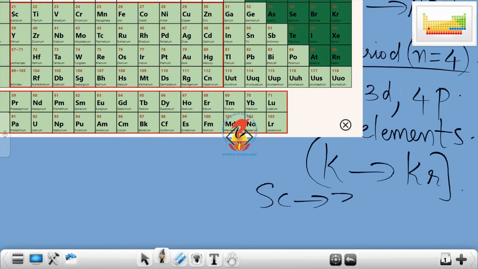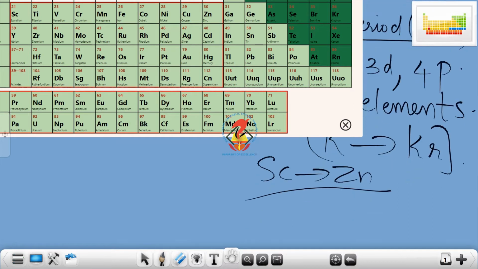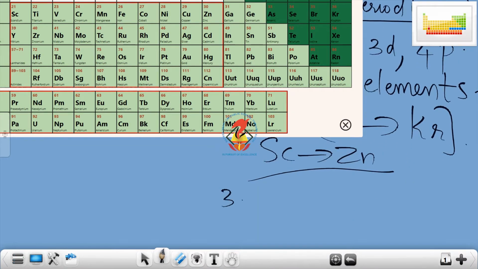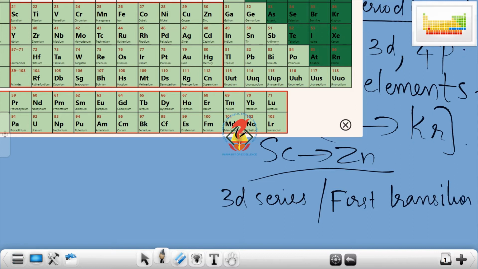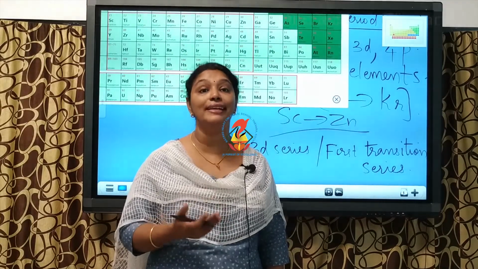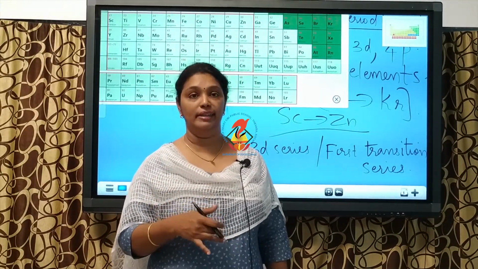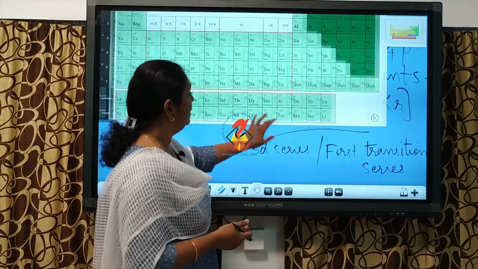So scandium to zinc, whose 3d orbitals are getting filled, are known as 3d series, or they are our transition elements, and the 3d series is called the first transition series. So scandium to zinc are called first transition series, or 3d series, because their 3d orbitals are getting filled. So this is about period number 4.